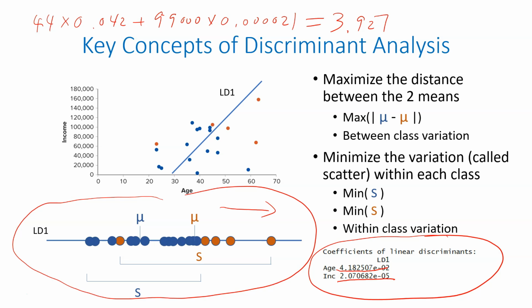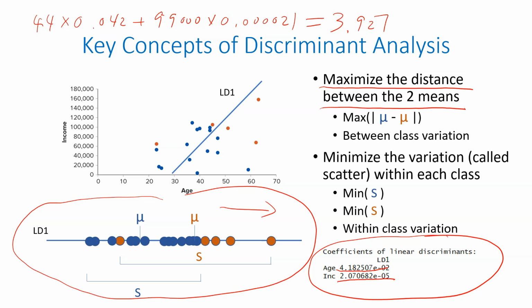It's nice that we can calculate the values of the cases on the new dimension LD1, but more importantly, we need to understand how the software identifies the discriminant function. In order to maximize the separability of the classes, the discriminant function must meet two criteria simultaneously. First, the new dimension needs to maximize the distance between the two means of the two classes.